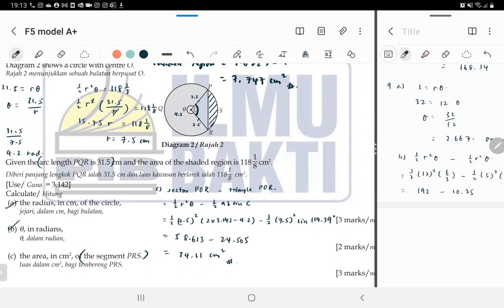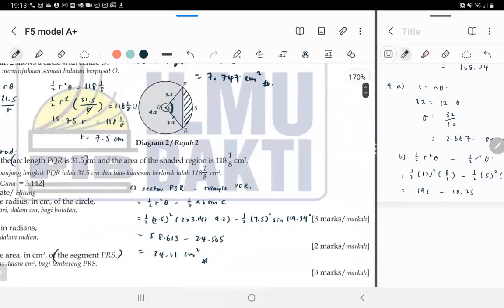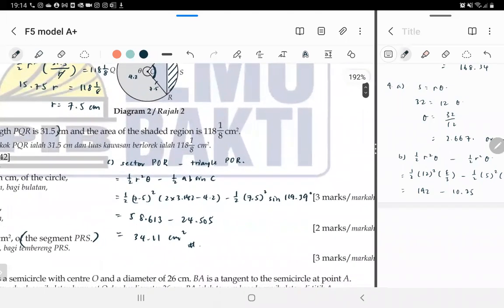Okay, continue with number 3. Number 3 looks complicated, but it's not that hard.